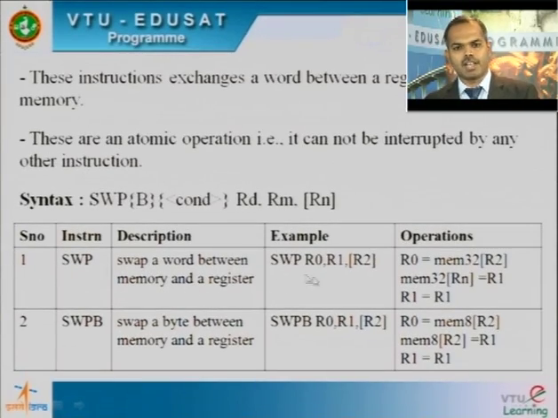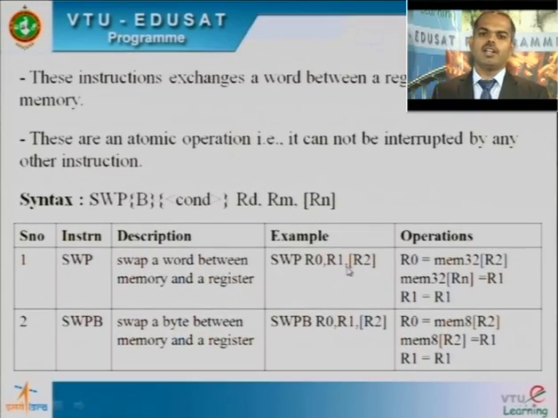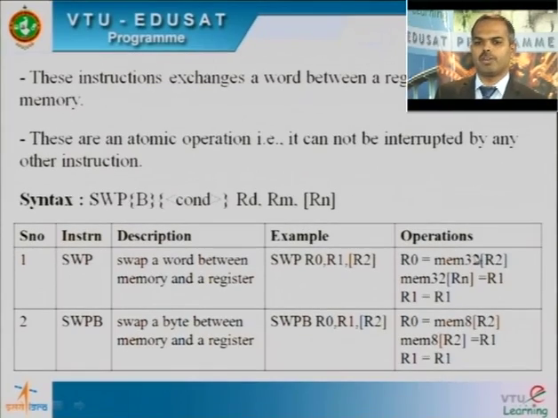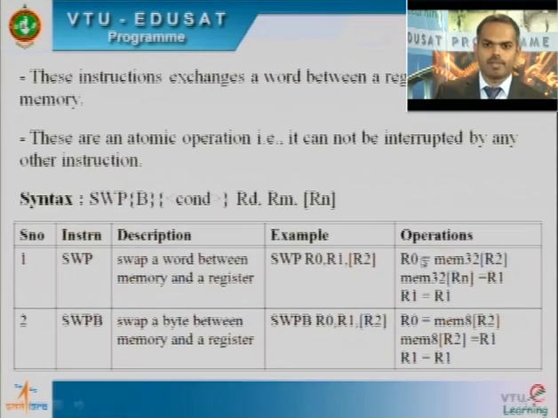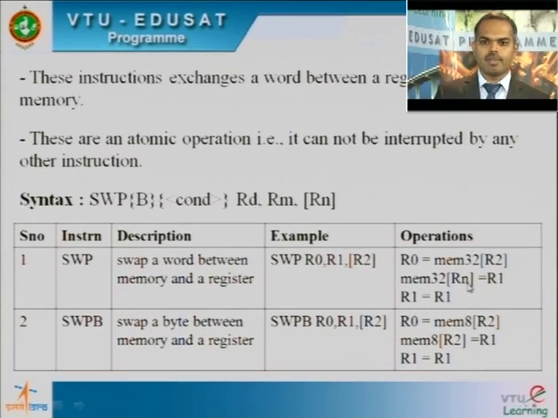This is an example, not a syntax: SWP R0, R1, [R2]. In such a case, what happens? The memory content pointed to by R2, the 32-bit value from the base address R2, gets copied to R0, and the value of register R1 gets copied to the memory content pointed to by R2.